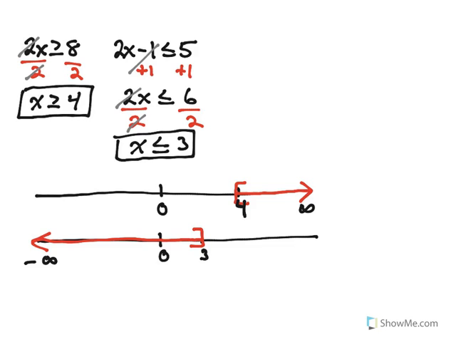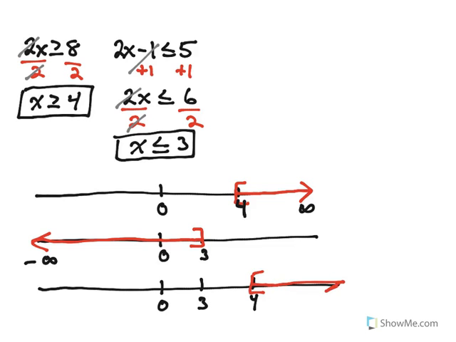Okay. And if I superimpose these onto one graph, so 3 goes here, 4 goes there. You notice that this one was going to the right, to +infinity. This one, with the 3, was going to the left, to -infinity.